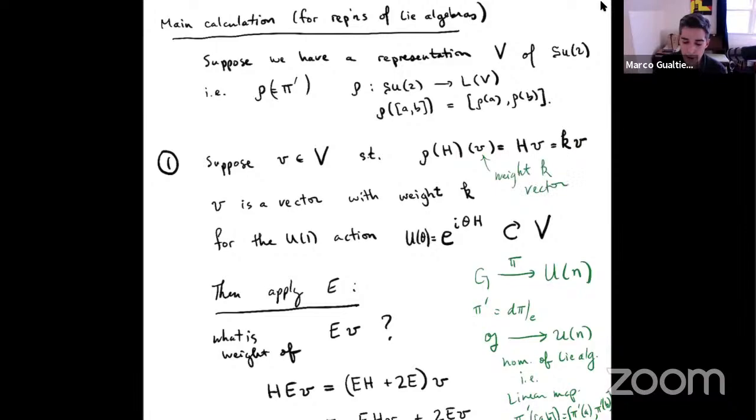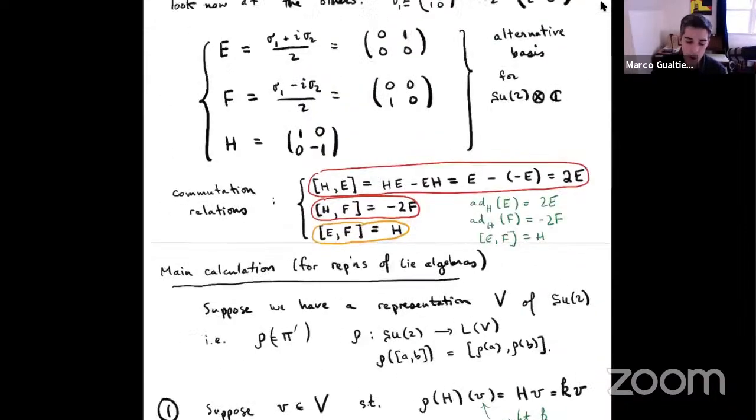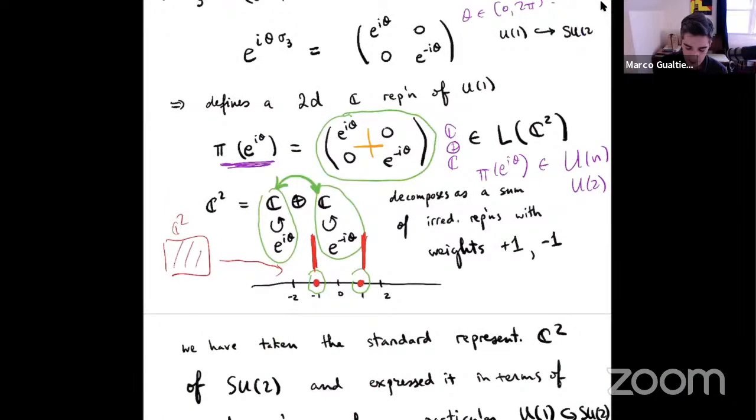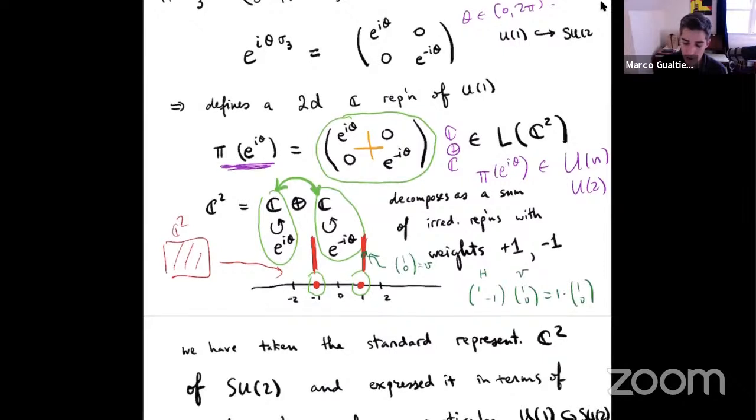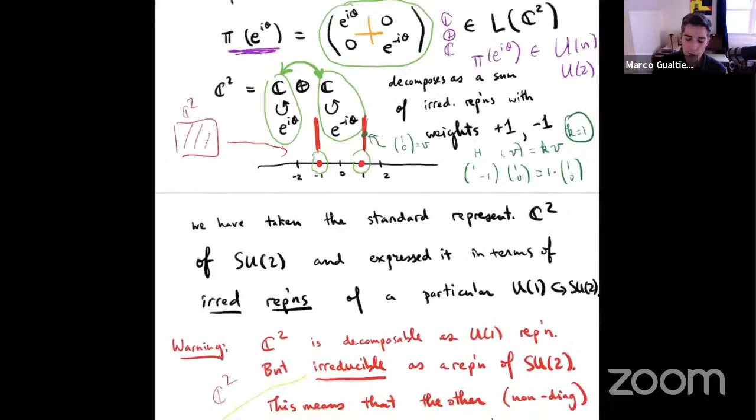In the previous example, there was a weight 1 vector, which was (1, 0). And we could see that H times (1, 0) is equal to 1 times (1, 0). So H applied to V is equal to K multiplied by V, where K is equal to 1.